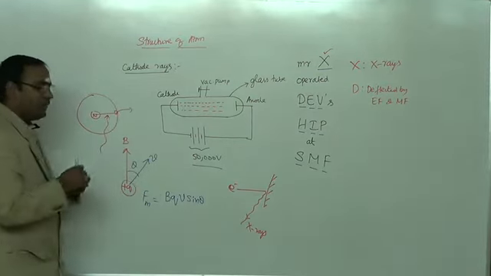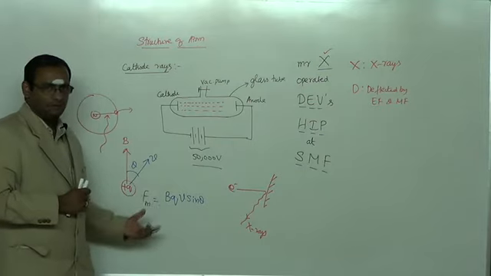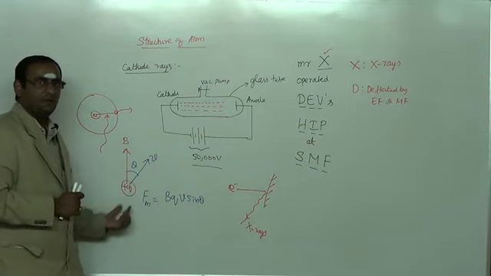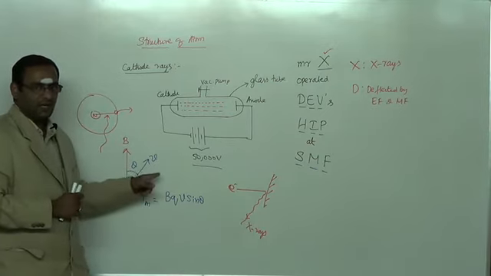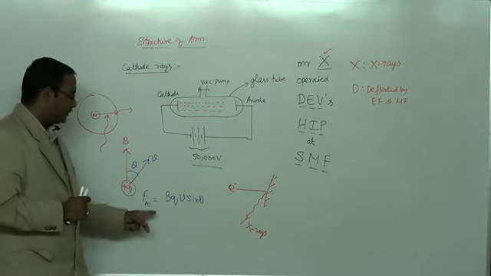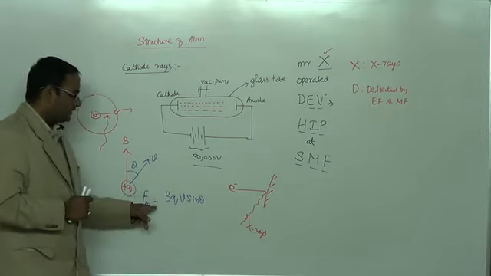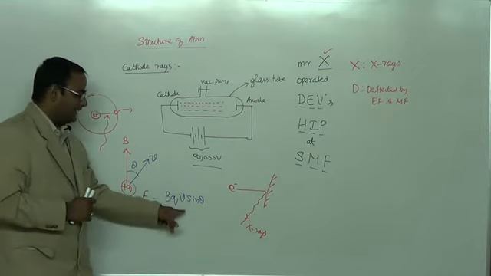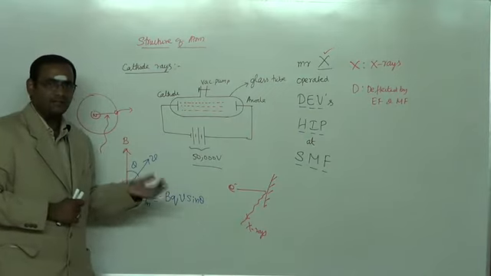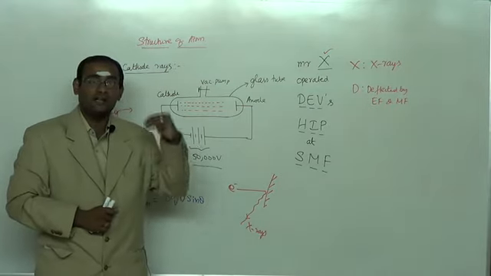So this is the formula for the magnetic Lorentz force, the force experienced by a charge moving in a magnetic field with a velocity v at an angle theta with respect to the field. Children, this proof is of great importance, but it is not in your chemistry. It is a part of 12th standard physics.